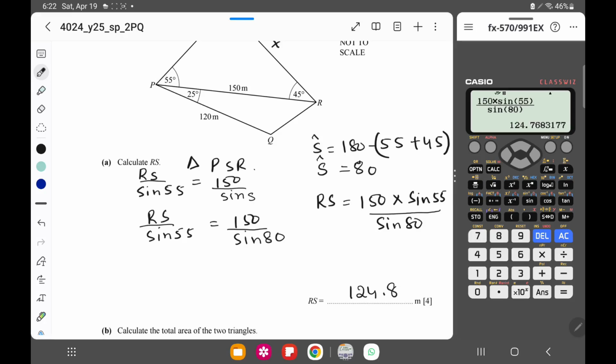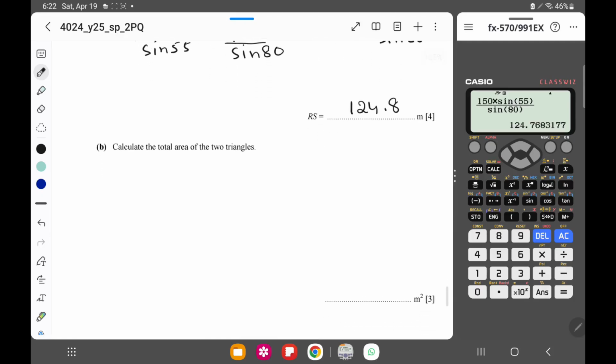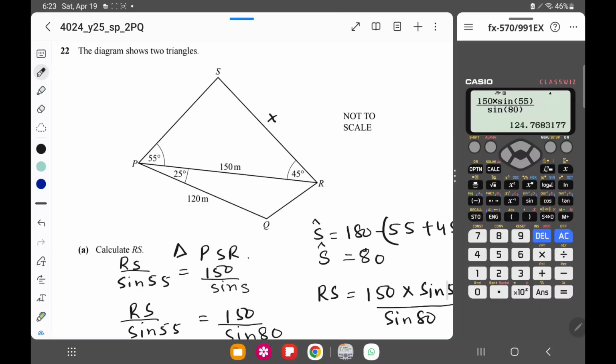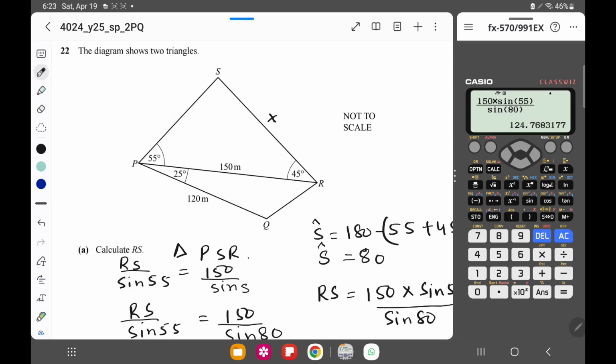In the marking scheme, it is 125 to 124. 124.8, so it's coming in the range. Calculate the total area of the two triangles. Total area, it means we just write down here 124.8 here and then find out our answer.